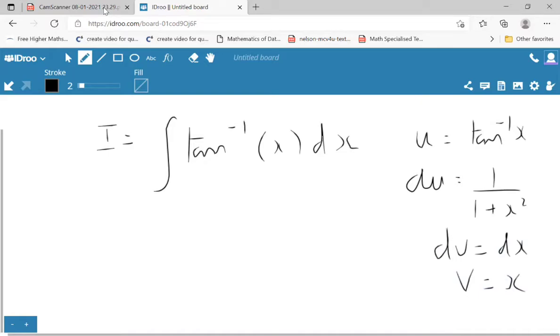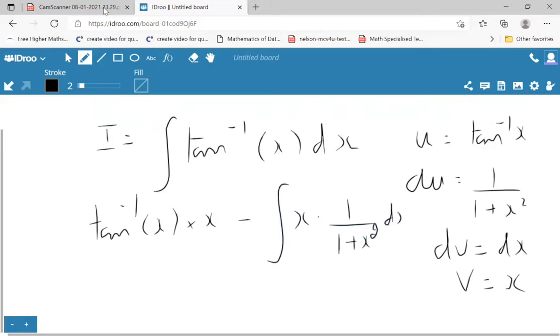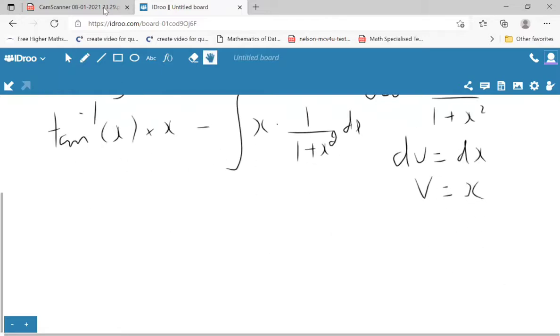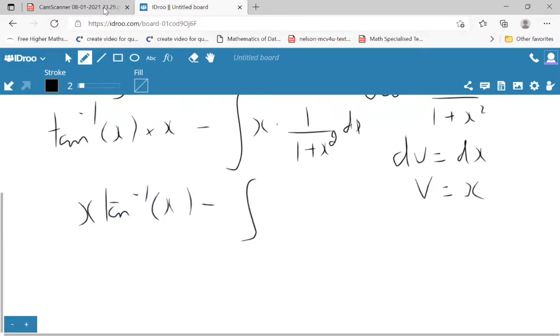Now we know the formula is uv minus integration of v du. U is tan inverse of x, v is x, minus integration of x into 1 by 1 plus x squared dx. Now this is going to be simple. x tan inverse of x minus, now I can take 1 plus x squared as t.